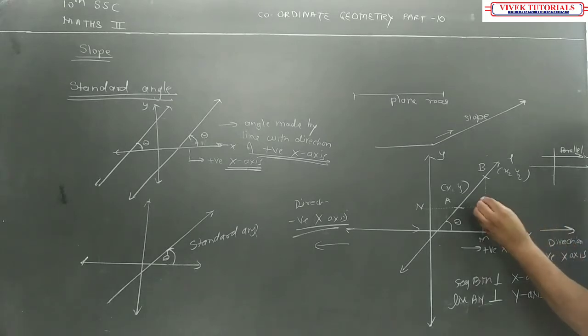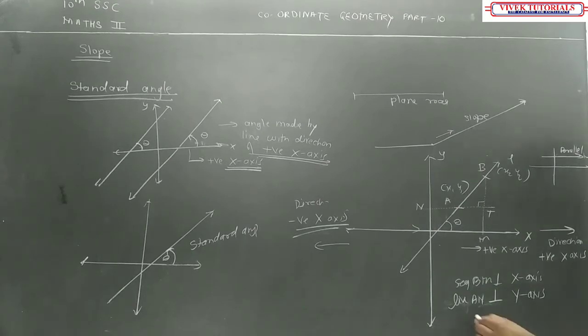And suppose T is the point, this is 90 degrees. Is it right? So segment AT is parallel to the x-axis. So the measure of angle BAT is equal to the measure of angle BAM, that is the corresponding angle.